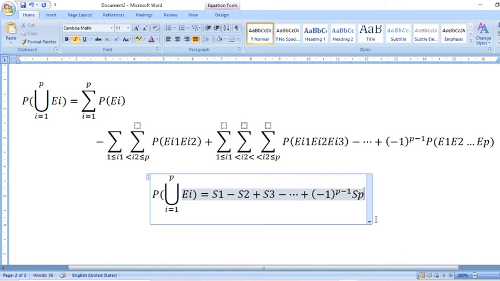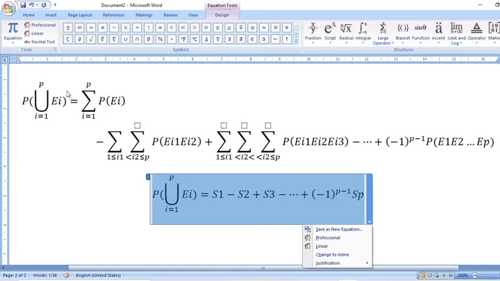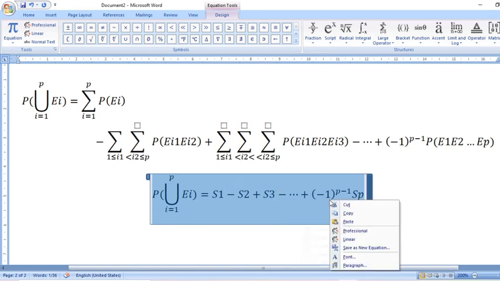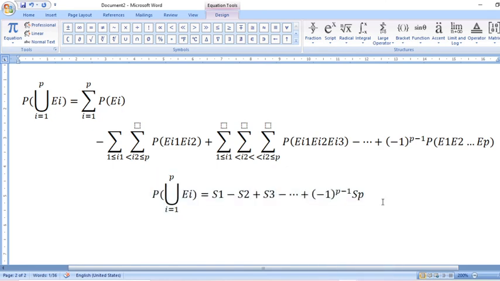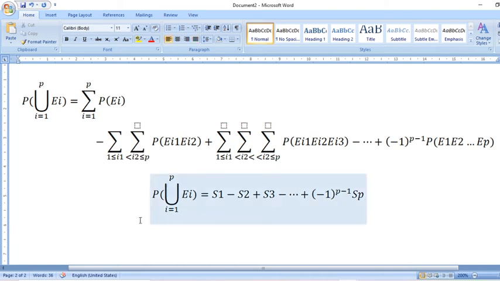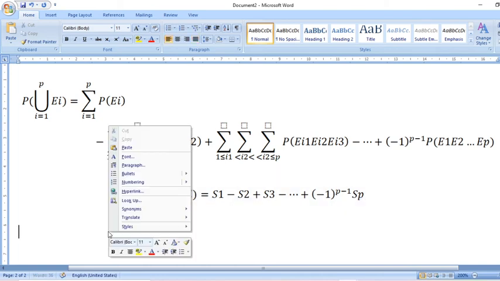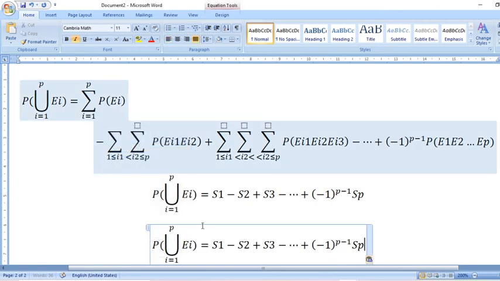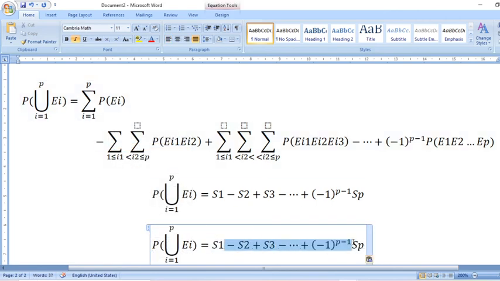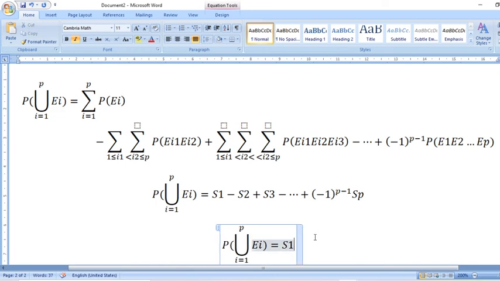Okay, so using this, so instead of this summation we write S1, S2, S3, correspondingly we can identify that. Okay, so this can be written like this. So this is less than or equal to, so we can remove all these terms.